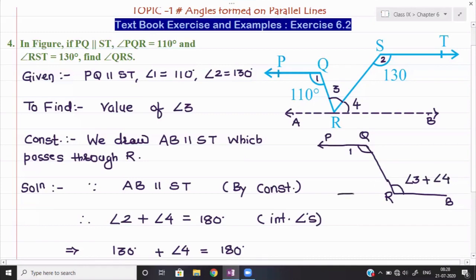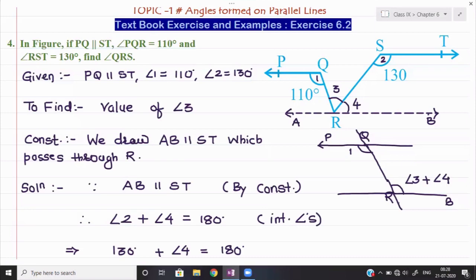And if I extend this line in this manner, this line also I extend, and this line also I extend. Observe, the line is intersecting. PQ and RB, and a transversal. Observe angle 1 and the sum of angle 3 and angle 4.